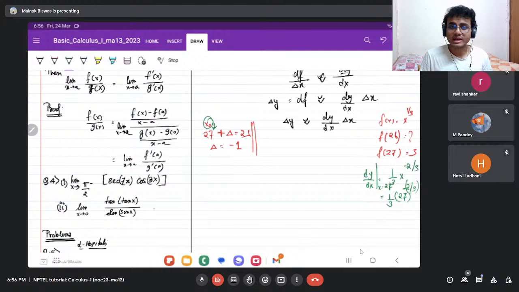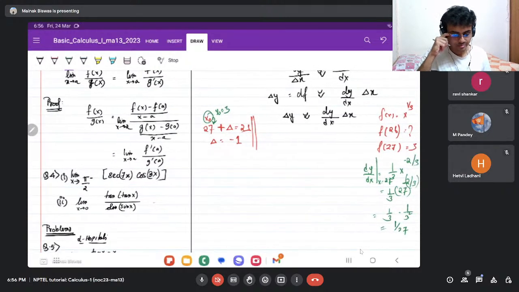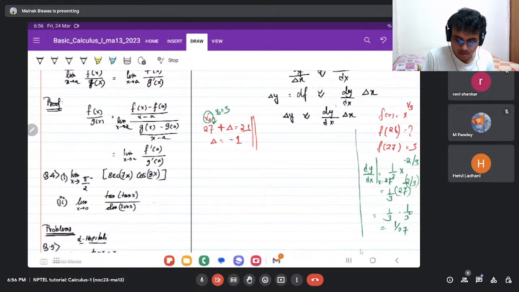So we're just putting x naught comma y naught. X naught is your 27, y naught is your 3, right? I have already shown this method before in the Euler method. So this is 1/3 into 1/3 squared, or 1/27, right? Agreed? 27 comma y naught is 3.